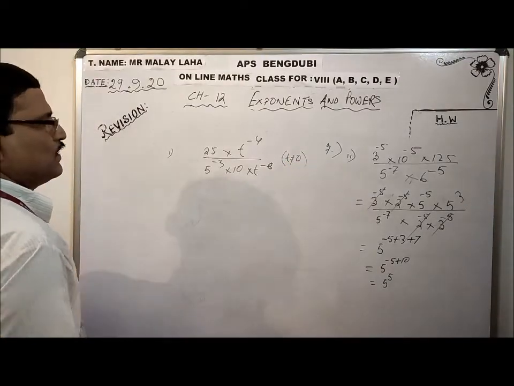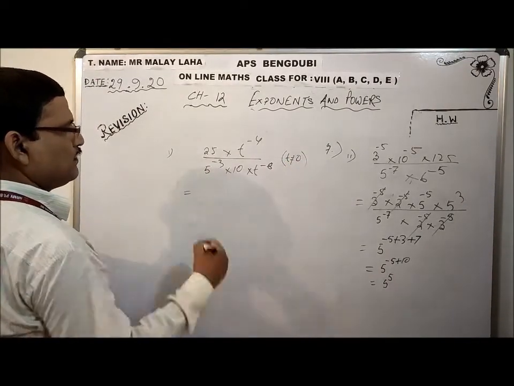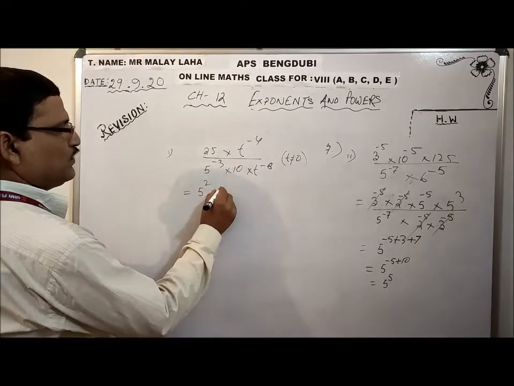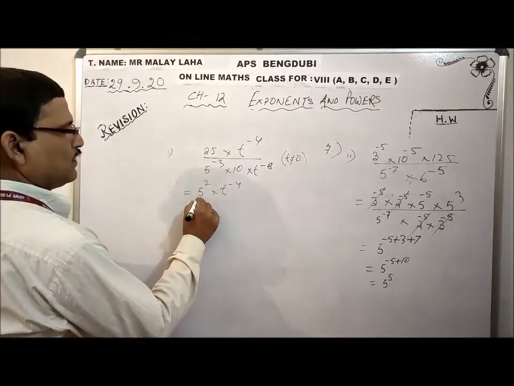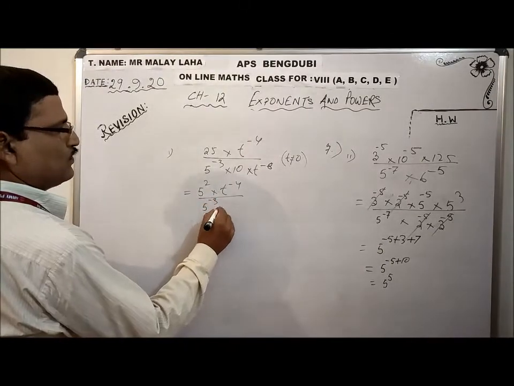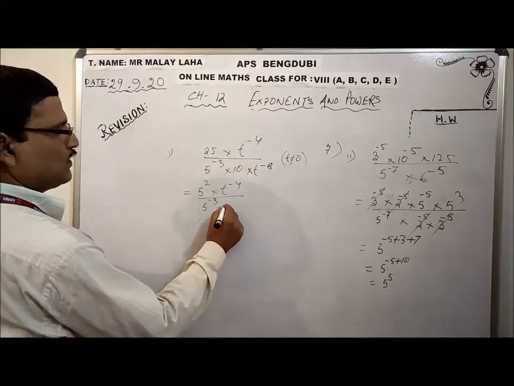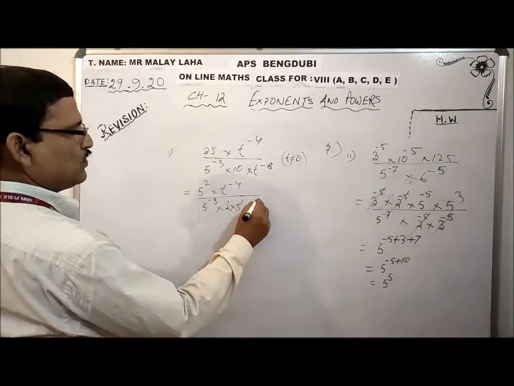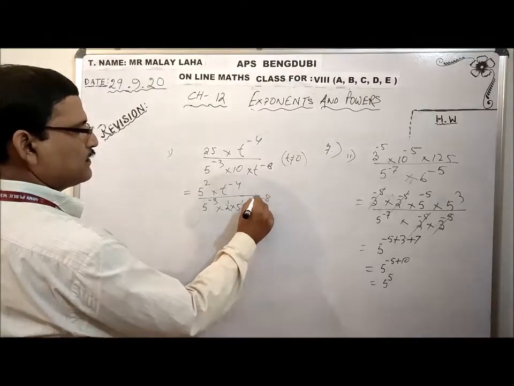It has some value. So now break down the numbers, same principle. What is the principle I am talking about? 5 raised to 2 into t raised to minus 4 by 5 raised to minus 3 into 10. I can write 10 as 2 into 5 to the power 1, into t raised to minus 8.